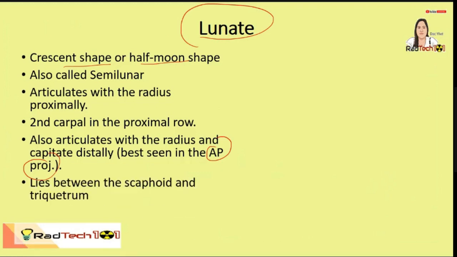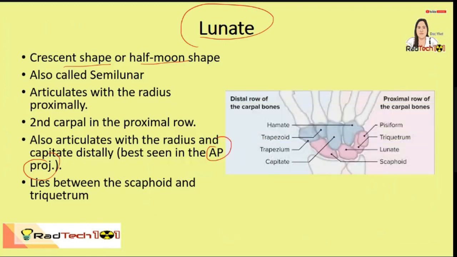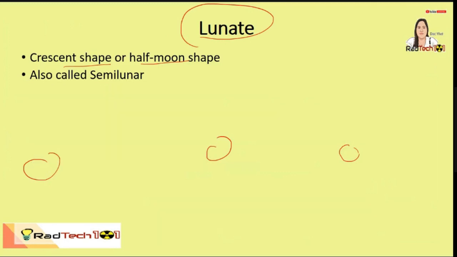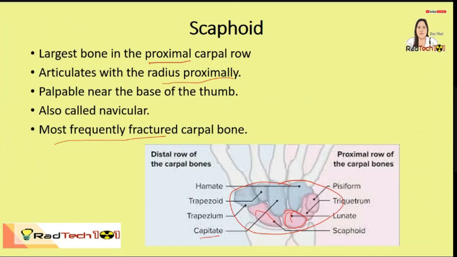So this is placed between the scaphoid and the triquetrum. So we have here your lunate. Ito yung lunate. By the way, balik tayo. Parang mali yata yung na-circle ko kanina. So, ito pala yung scaphoid.